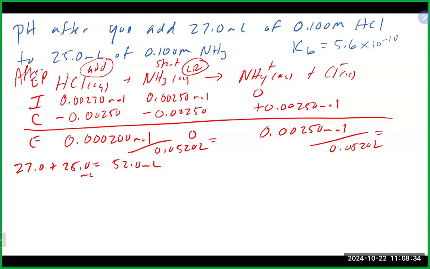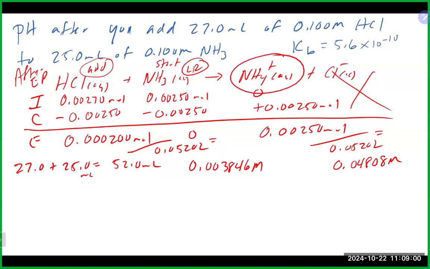That's going to get us 0.0002 divided by 0.052, 0.003846, and 0.0025 divided by 0.052. Going to get us 0.04808.